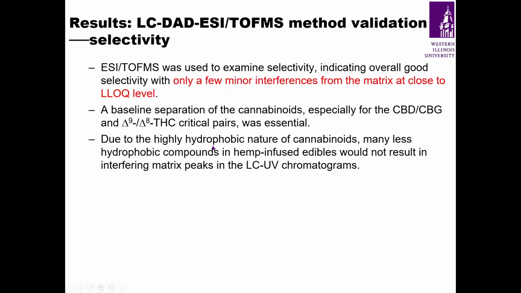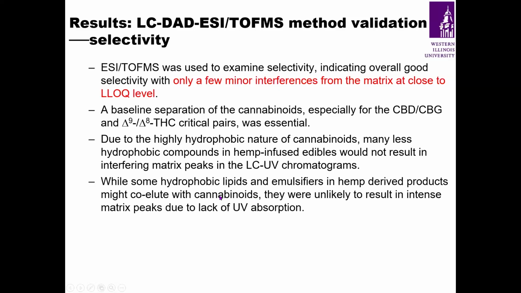Due to the highly hydrophobic nature of cannabinoids, many less hydrophobic compounds in hemp-infused edibles would not result in interfering matrix peaks in the LC-UV chromatograms. While some hydrophobic lipids and emulsifiers in hemp-derived products might coelute with cannabinoids, they were unlikely to result in intense matrix peaks due to lack of UV absorption.